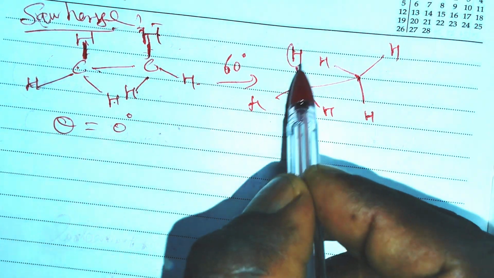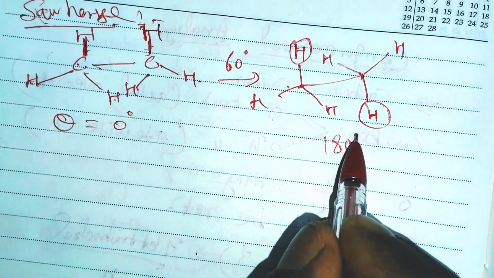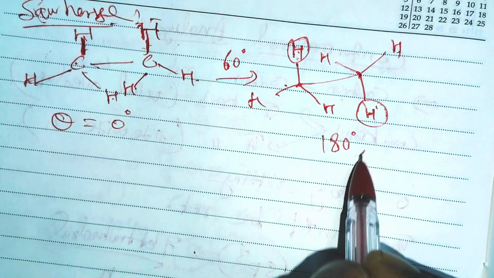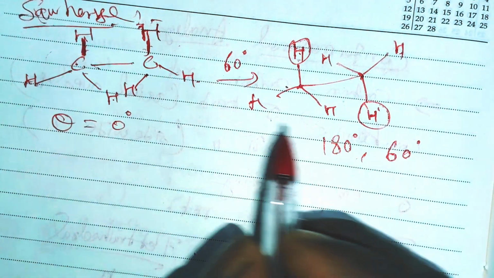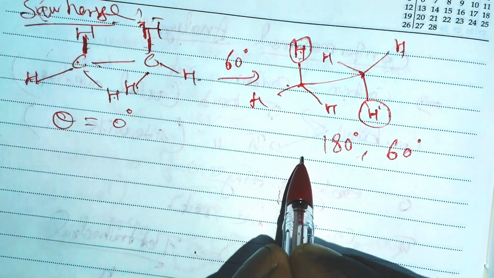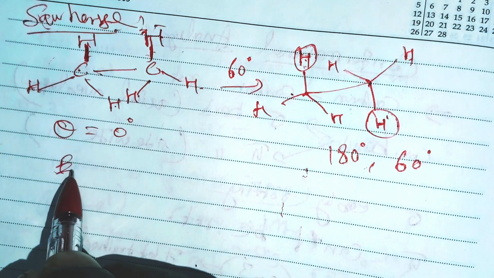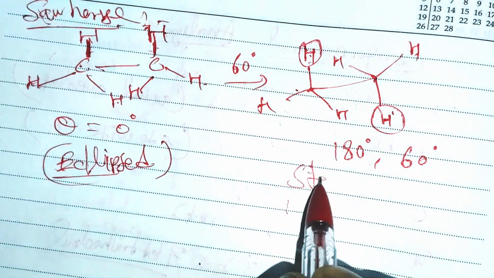Now compared to this hydrogen and this hydrogen, there is exactly 180 degrees. These two hydrogens compared to these two hydrogens are at 60 degrees. This is the eclipsed conformer, and this is the staggered conformer.